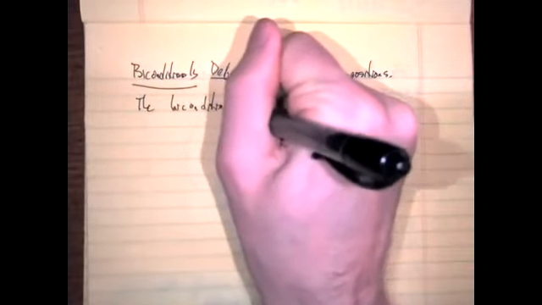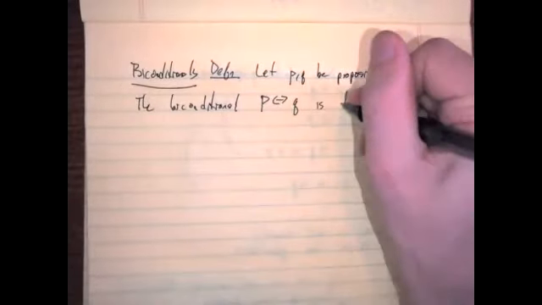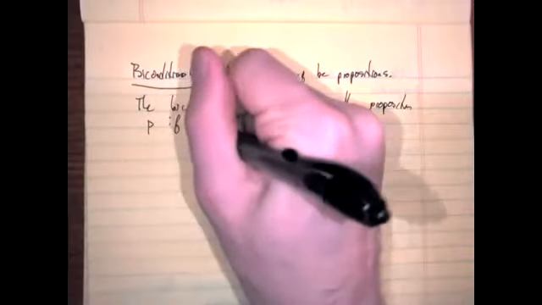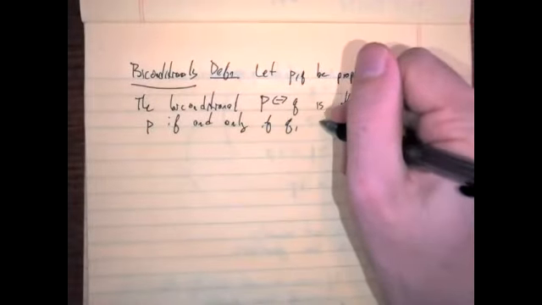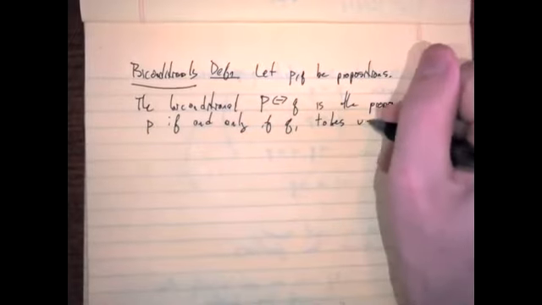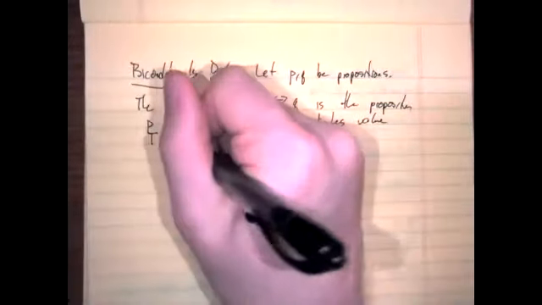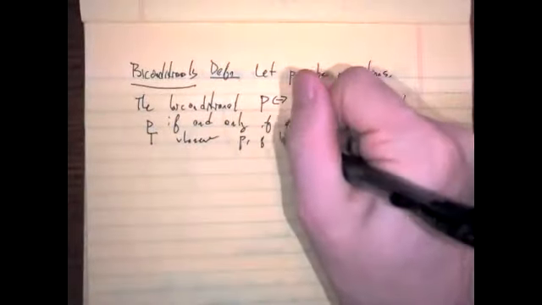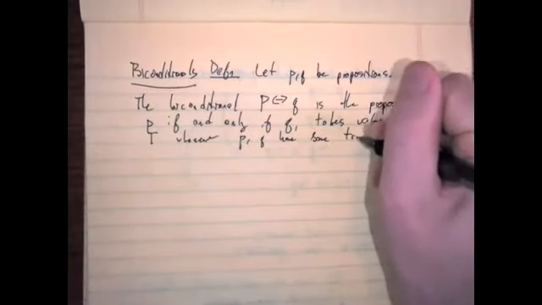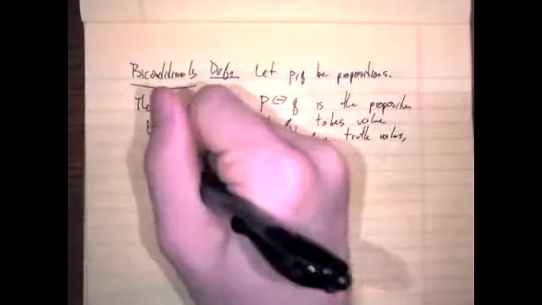The biconditional, and it has the following symbol, P and then an arrow heading both directions, Q, is the proposition P if and only if Q. And it takes the value true whenever P and Q have the same truth value, and false otherwise.